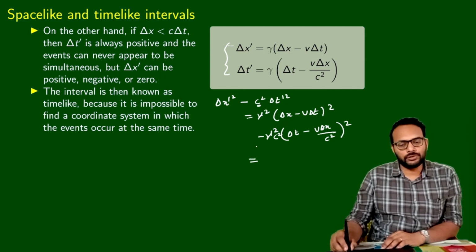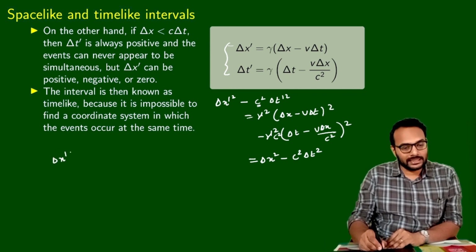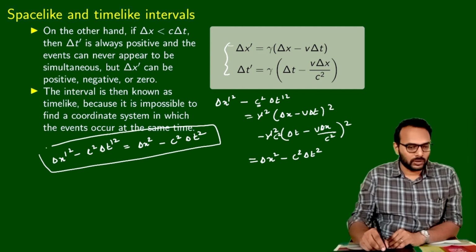In the end, you are going to see that this is exactly equal to delta x square minus c square delta t square. What we have found is that delta x prime square minus c square delta t prime square is equal to delta x square minus c square delta t square. What does this mean?